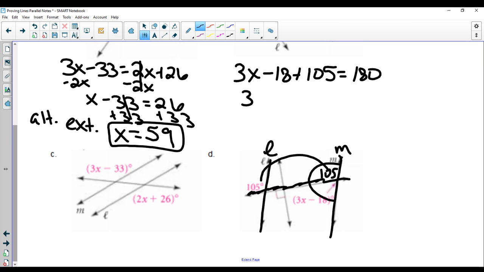We need to combine like terms. What's 105 subtract 18? Hang on, I can do this. 87.